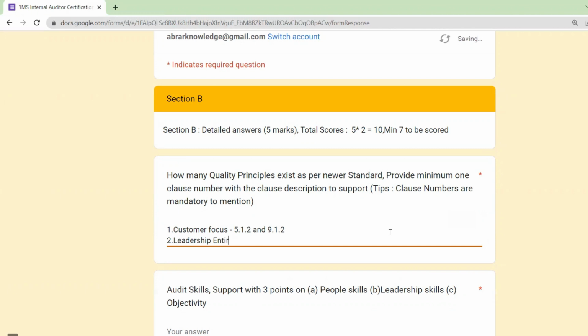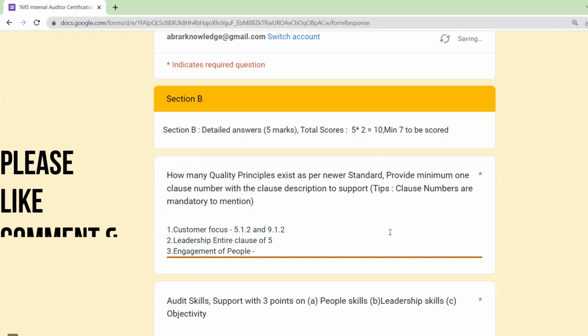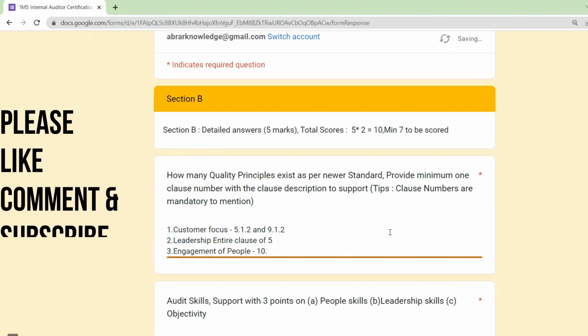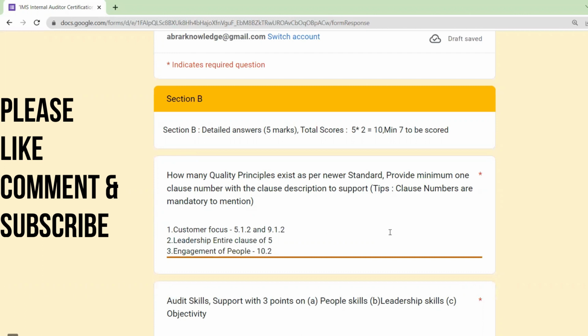And then you have engagement of people. You can find various examples. One of my favorite examples is 10.2, that is corrective action. You have to take corrective action and solve it, and so on. So that means engaging the people, that's one thing.